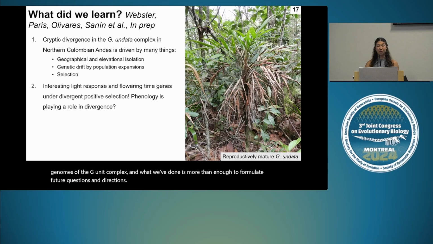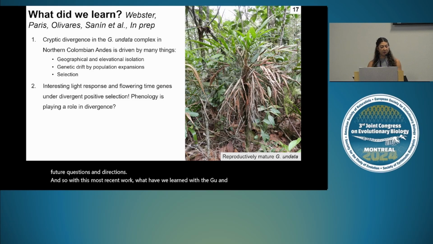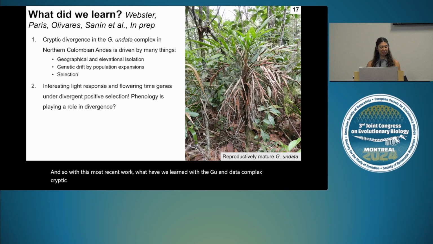And so, with this most recent work, what have we learned with the Gundlachia complex? Cryptic divergence in the Gundlachia complex in the northern Colombian Andes is likely driven by many things, namely geographical and elevational isolation, genetic drift by population expansions, as well as selection.